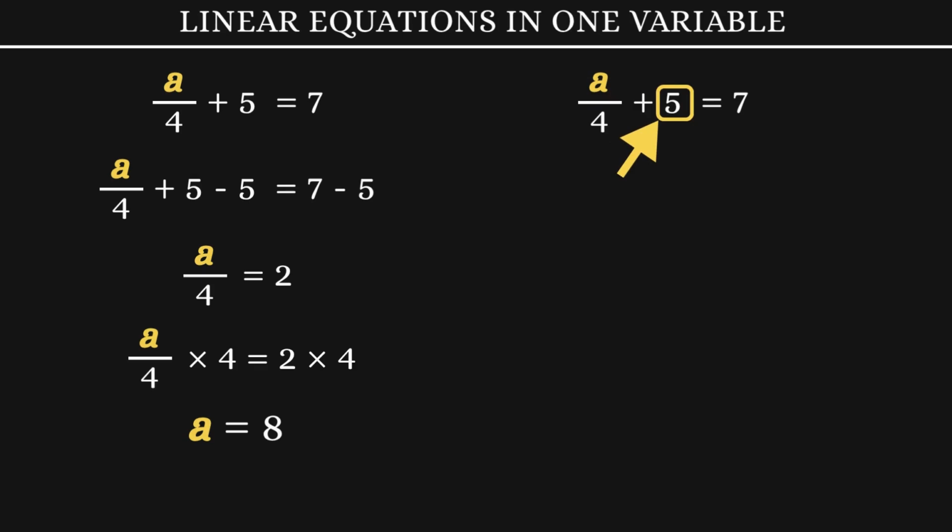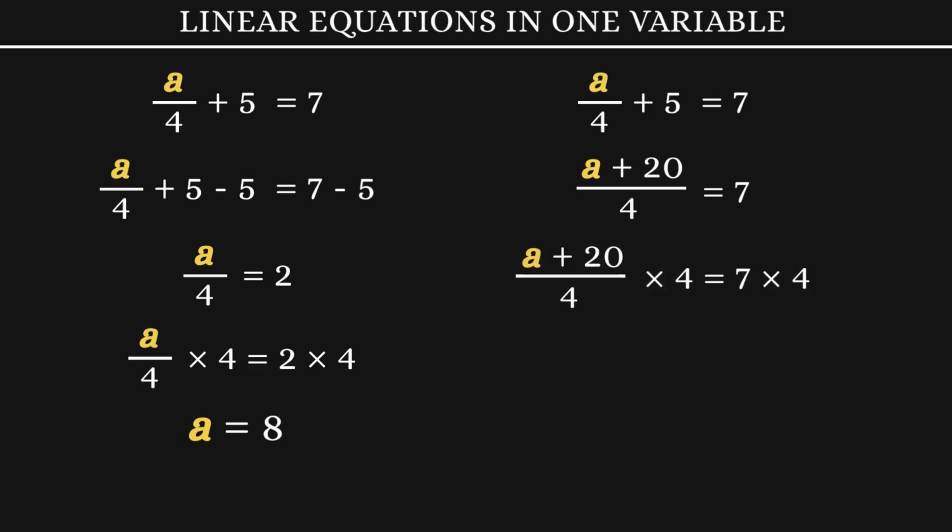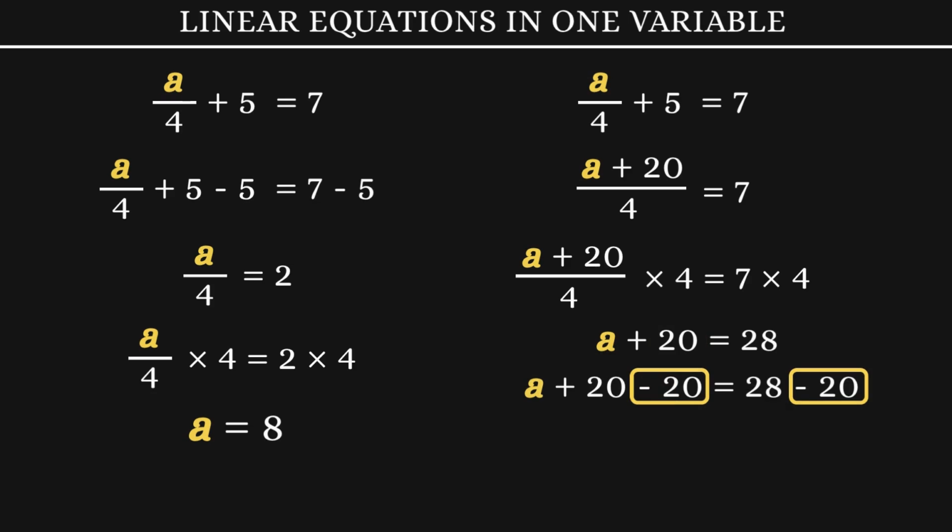So the LCM is 4 and on the numerator we get a plus 20. Now we can multiply both the sides by 4. What we get is a plus 20 is equal to 28. Next, we'll eliminate the 20 by subtracting 20 on both the sides. What results is the answer a is equal to 8.